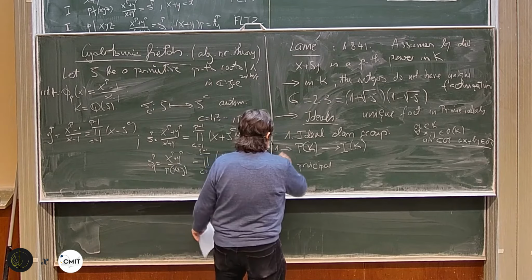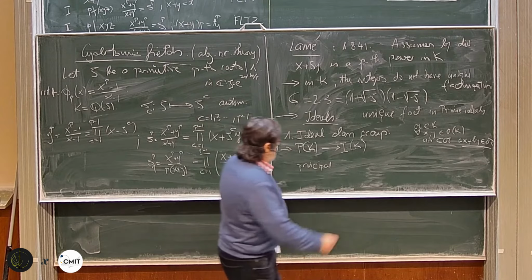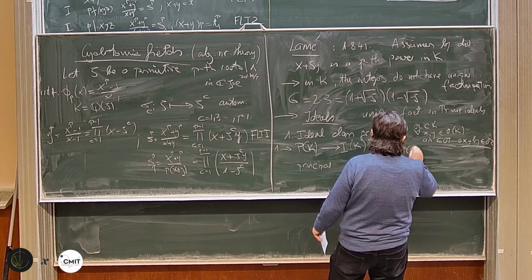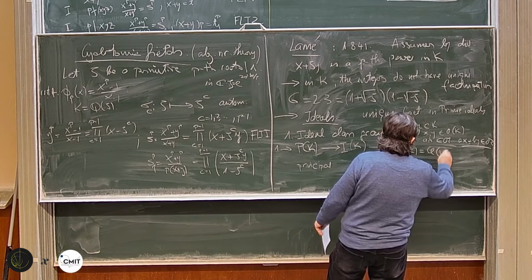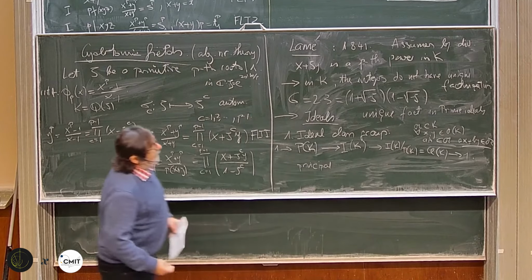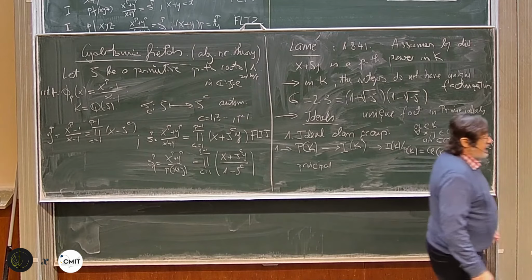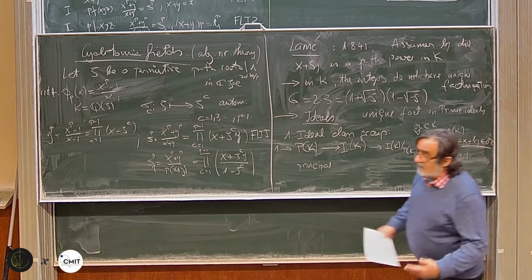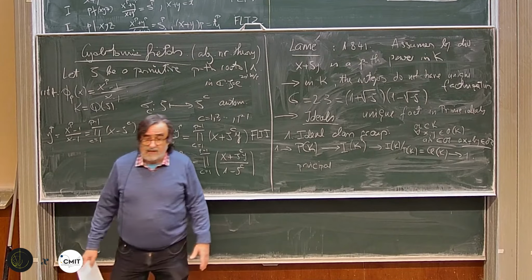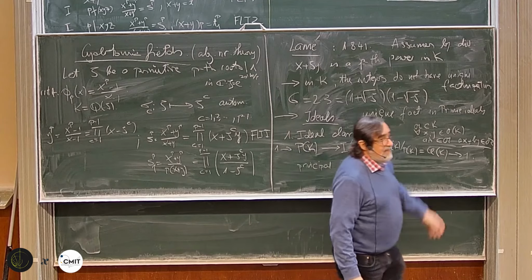And then you have this exact sequence. The principal ideals embed injectively in the ideals, and you have a quotient. This quotient is called the class group of your number field: the quotient of the ideals modulo the principal ideals. And it's a finite abelian group. So every ideal raised to the exponent of this group must be a principal ideal.